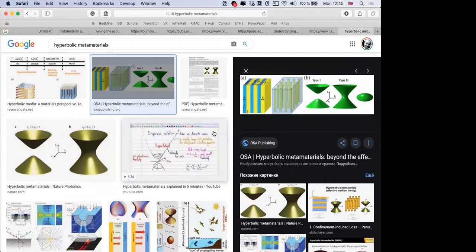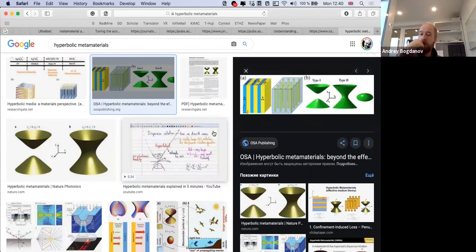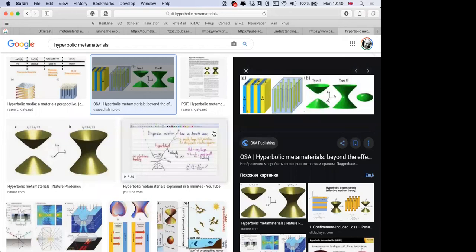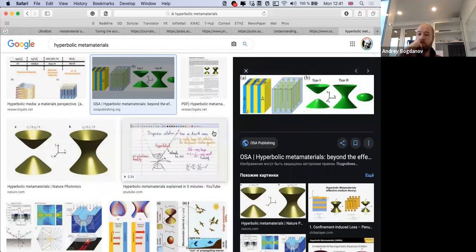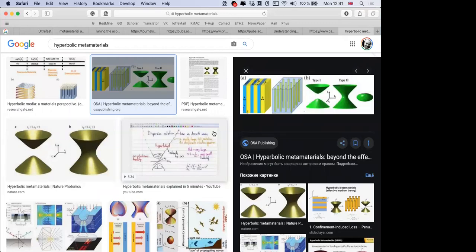What are the quantum numbers of a photon in free space? Energy is a quantum number. If you know the energy, you can also calculate what? A free photon is characterized by what? By frequency, omega. What else?